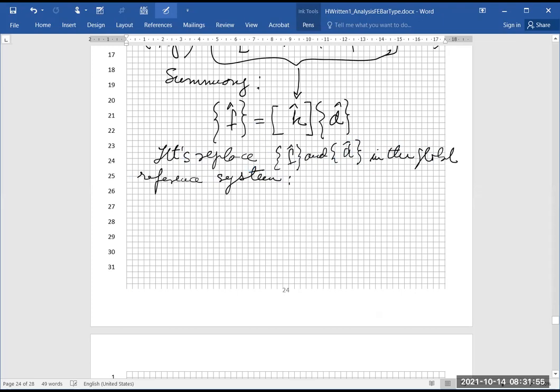So instead of this, we write T times F, no hat. That means that this is in the global reference system. On the right-hand side, this is equal to K. And also, this vector can be expressed as the product of the transformation matrix times D, but in the global reference system.